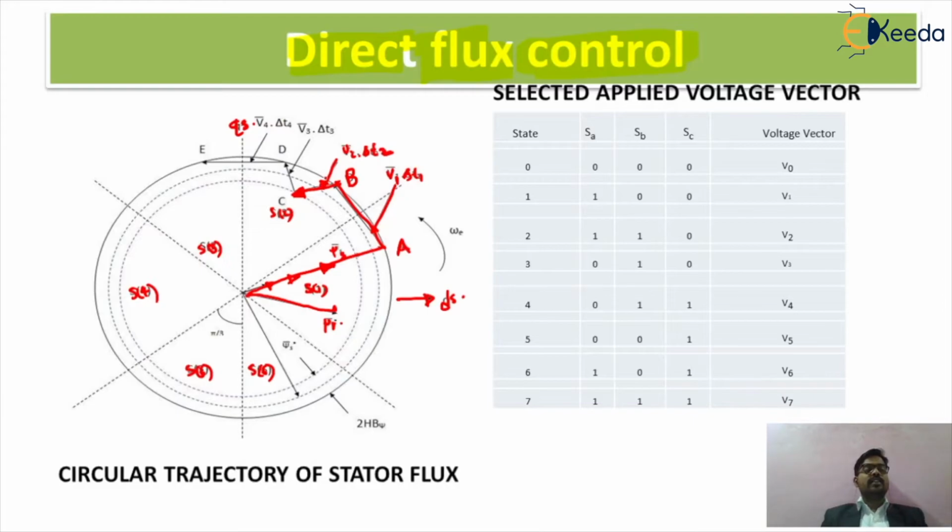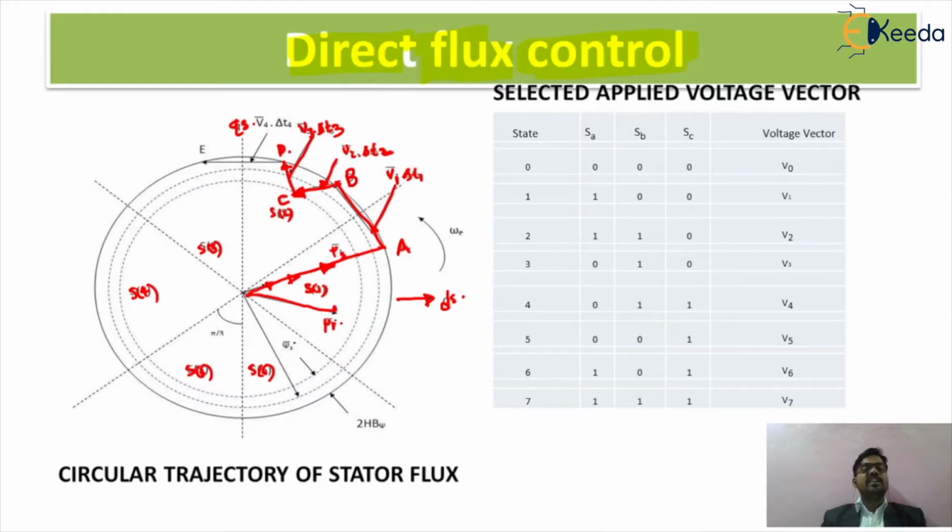Again, the stator flux will be moving from point C to D. While the trajectory of the stator flux moves from C to D, we are getting the voltage vector V3 with respect to time T3.